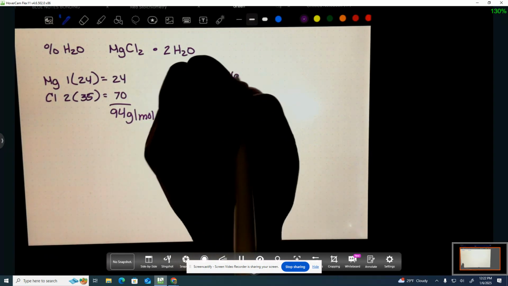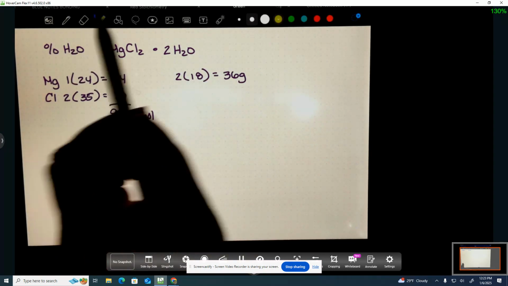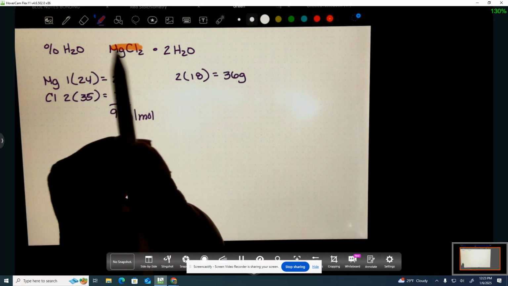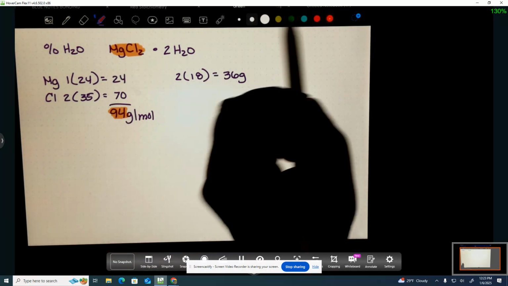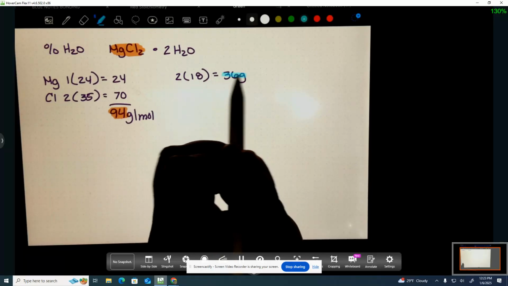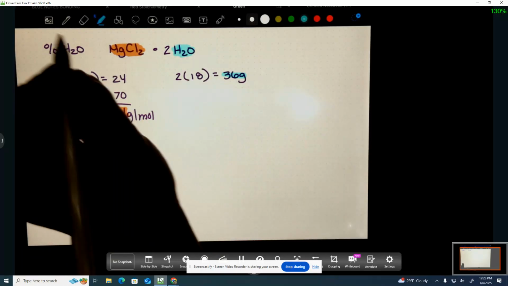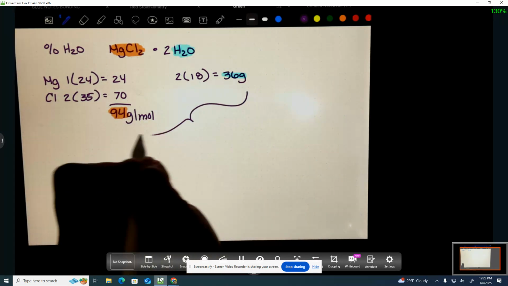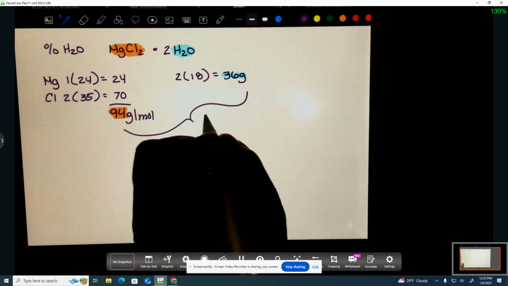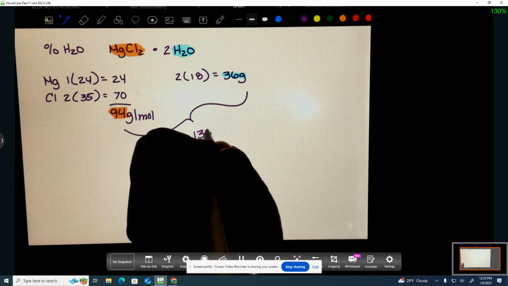That's going to give me 36 grams. That's for the water. So this magnesium chloride weighed 94. The water weighed 36. The whole thing weighs 130 grams.